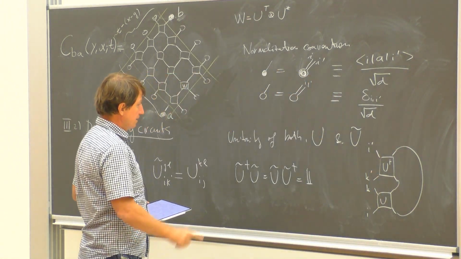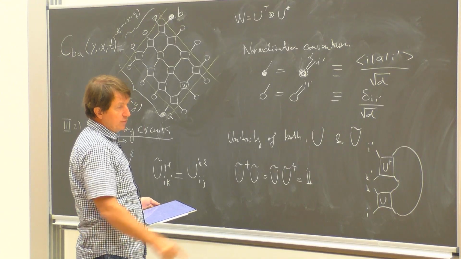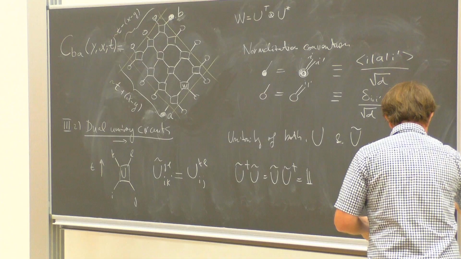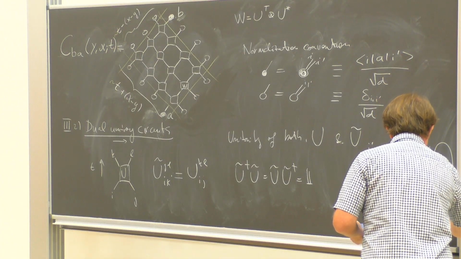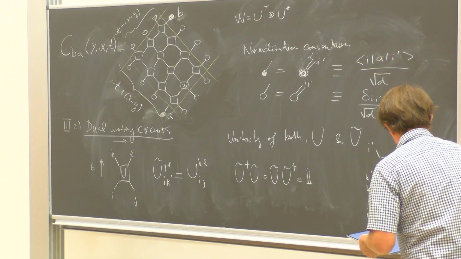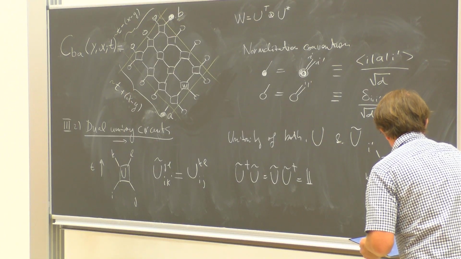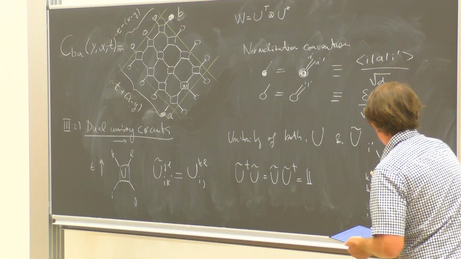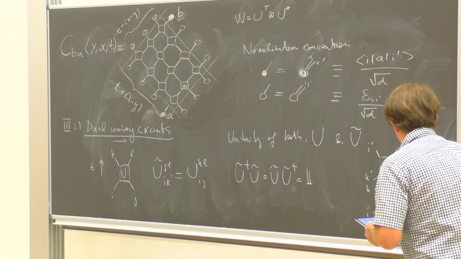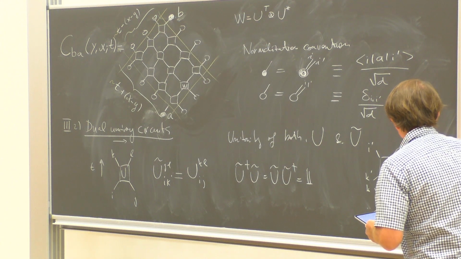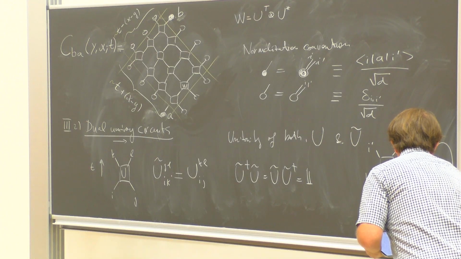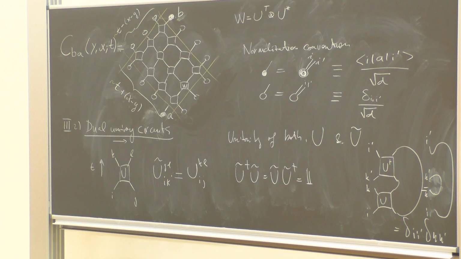Multiplying u tilde and u tilde dagger would be like connecting these 2 indices and requiring this to be, as before, k prime k, and this is i prime. So what we want is delta i prime, delta k prime. Okay, so now this looks a bit cumbersome.